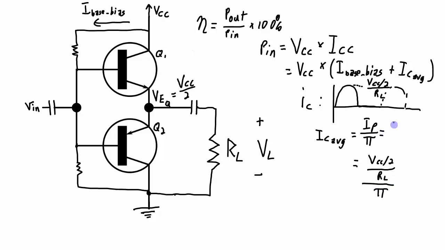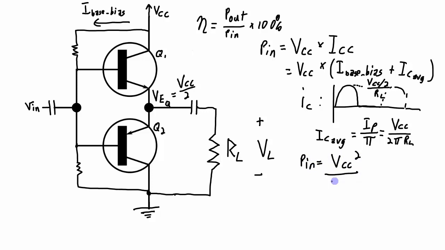I'll rewrite that better here: VCC over 2 pi RL. So putting this back into my P in equation, I get P in is going to be equal to VCC squared over 2 pi RL.